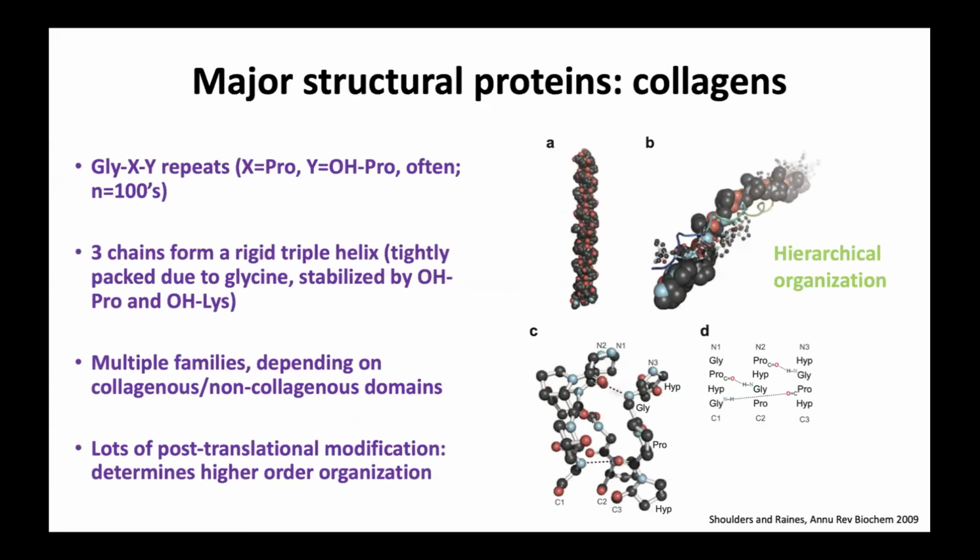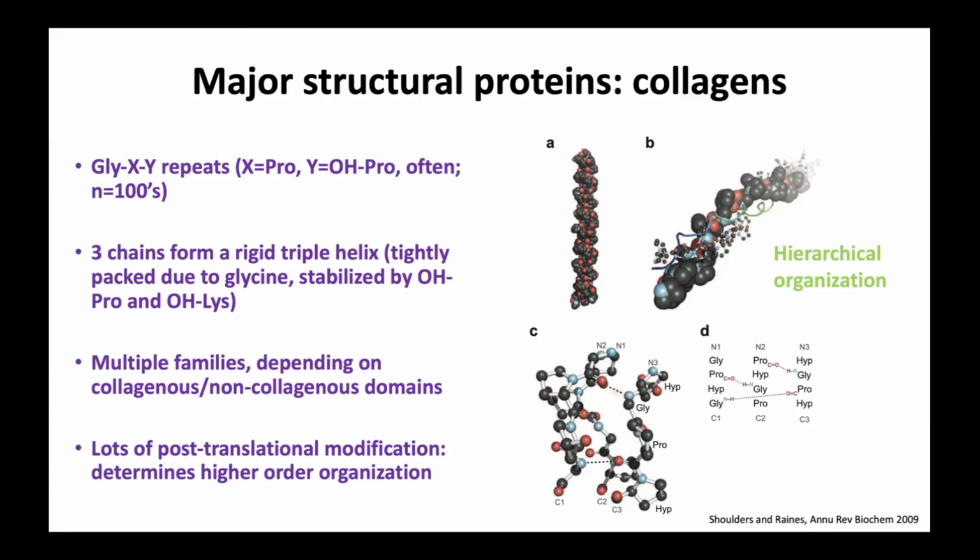So I just put up this figure. These are just different ways of thinking about the structure of collagen. And one might be more or less helpful to you, depending on how you like to think about chemical structure. But the major collagens, all 28, contain what are called the collagen domains.